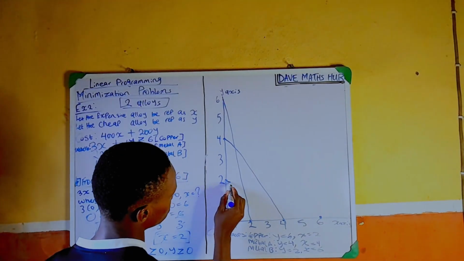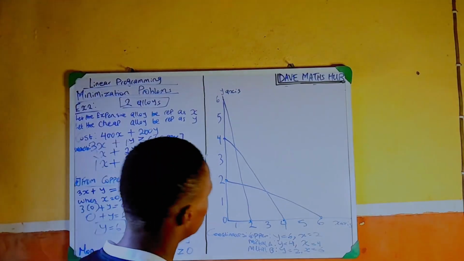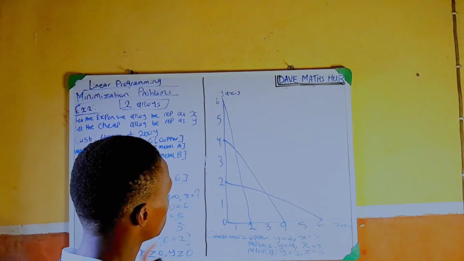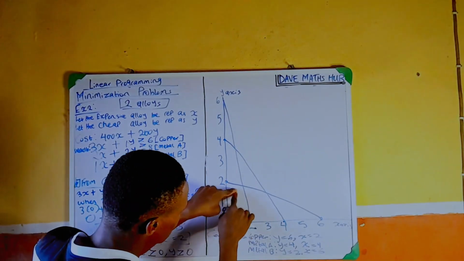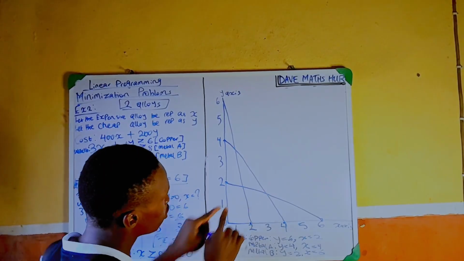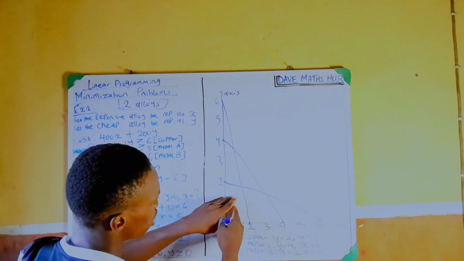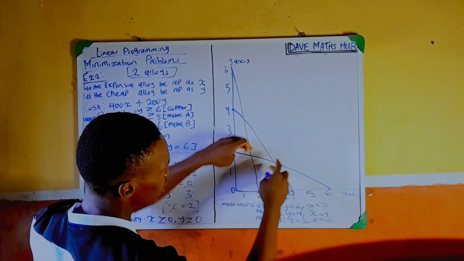We'll allow them to meet. Now, this for minimization is different from maximization, because for maximization we dealt with the innermost, something within. But for minimization, we are dealing with the outermost. This one is not outside because this one is more outside than this.